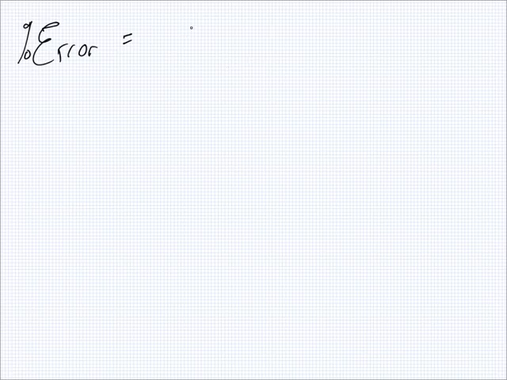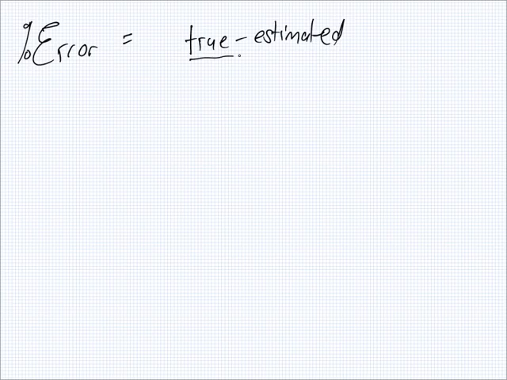It's the difference between the true value minus the estimated value, over the true value, times 100%. And we usually don't care about the signs.